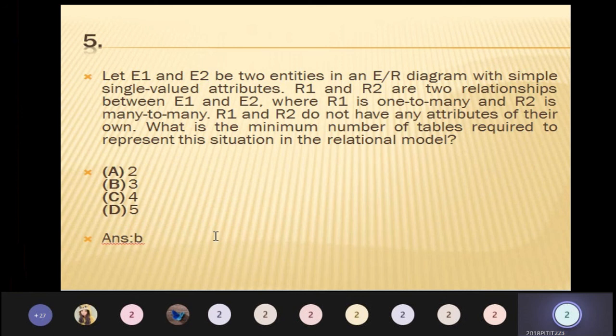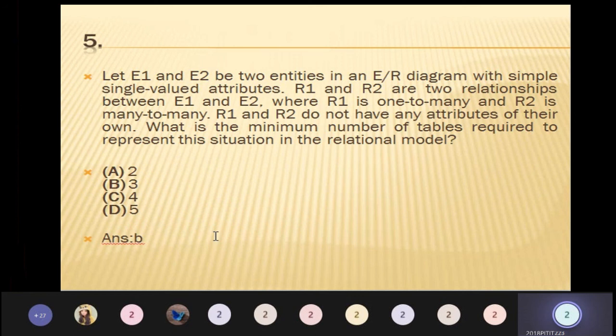Once again, let E1 and E2 be two entities, and the relationships are named R1 and R2.